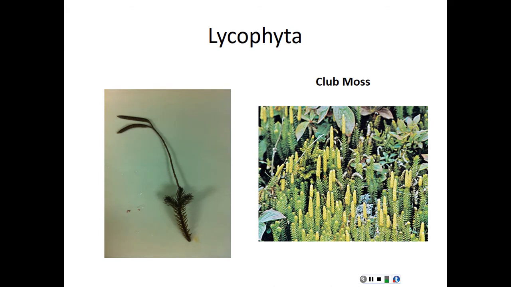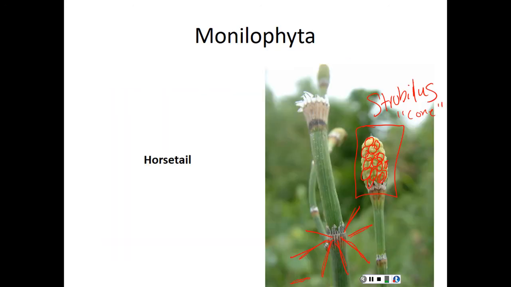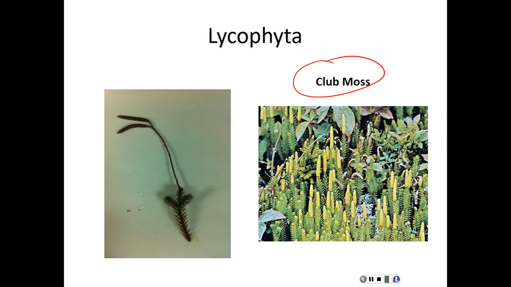Another phylum of seedless vascular plants that we looked at is the phylum Lycophyta. The common name here, by the way, is club moss, and sometimes you will need to know the common names. So use this PowerPoint as your guide, because we write the common names on there. Horsetail, fern, club moss, it's all on here.